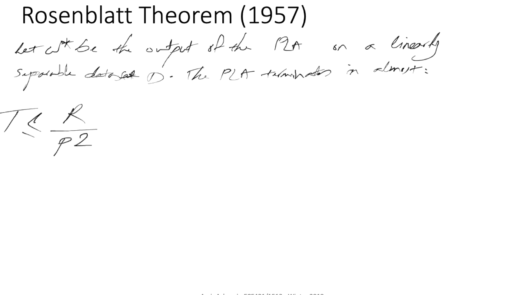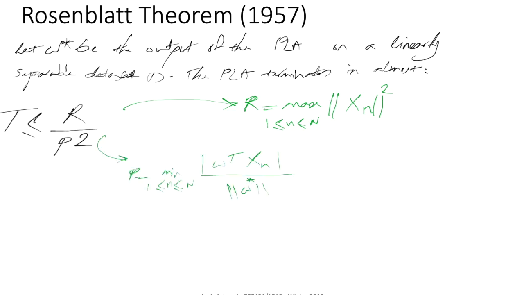R divided by P raised to 2. Our R can be defined by the max of the norm of xn for the n's from 1 to n. So it's sort of a radius for our problem. And our P can be calculated by the transpose of W star multiplied by xn, and that's the output of the PLA.